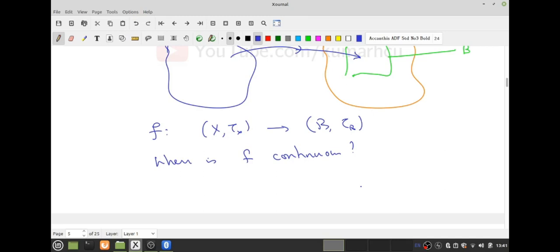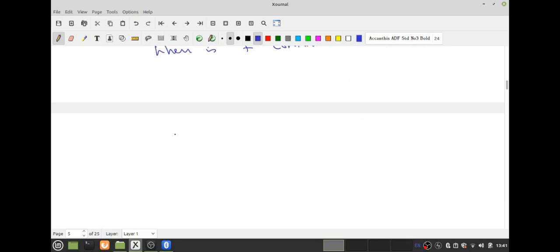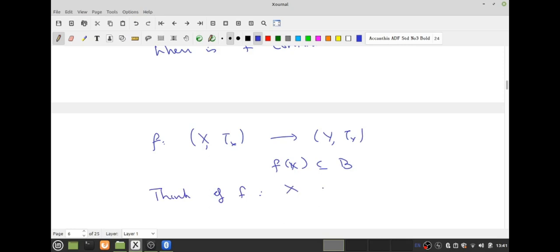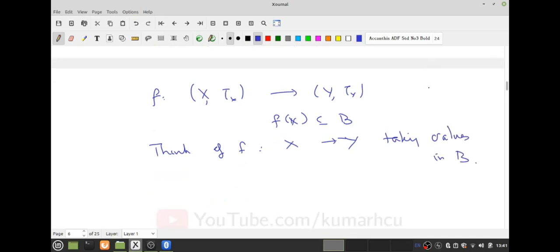This is where something very interesting happens. Now remember this F, I can actually think of F as a function from X to (Y, tau Y). The only thing is F takes values only in B. F as from X to Y taking values only in B. You understand that?